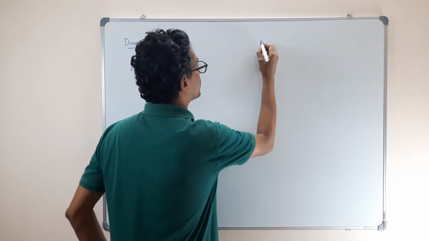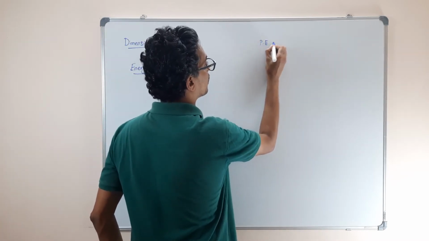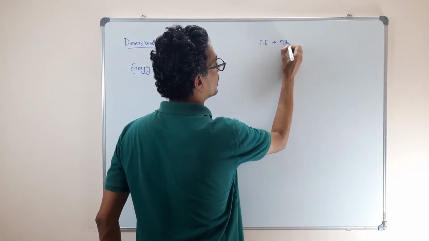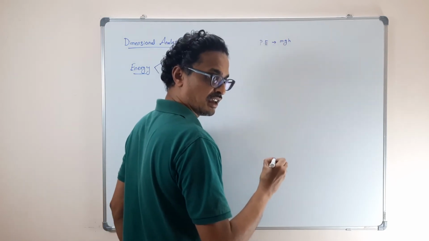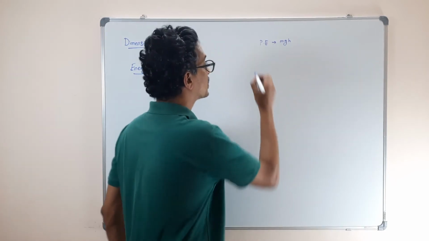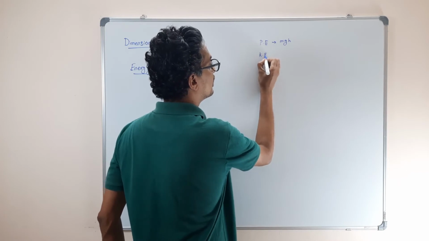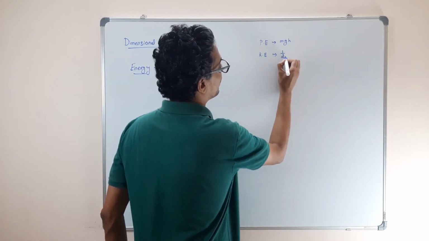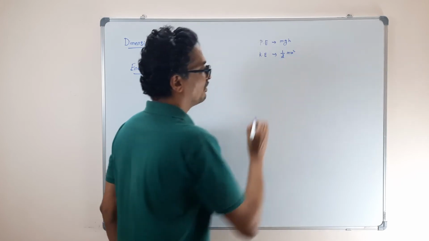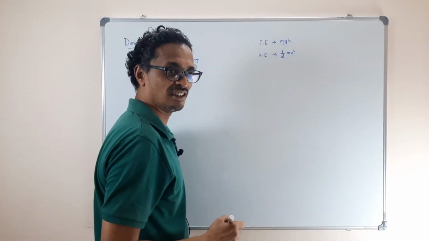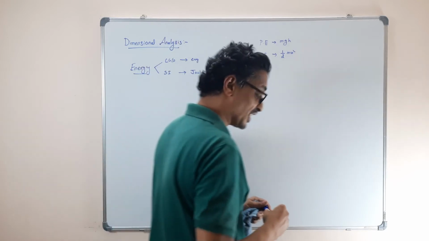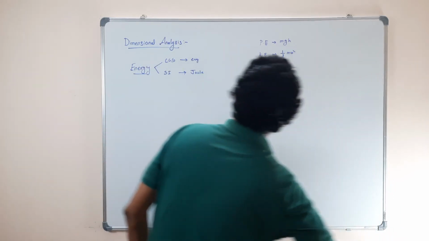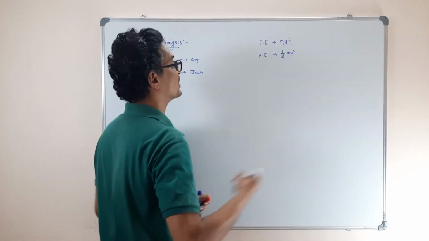So the potential energy formula is mgh. And the kinetic energy formula is half mv squared. Shall we find out the dimensions of both and see whether they are the same? Let us take the potential energy one.